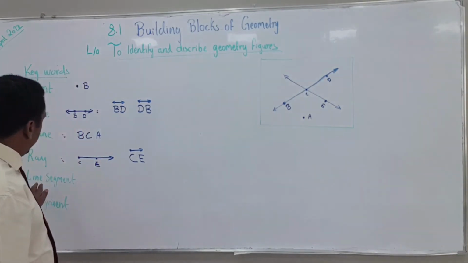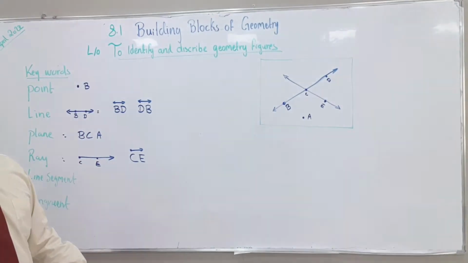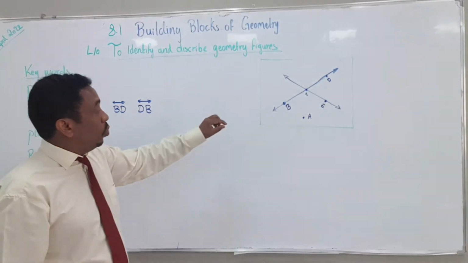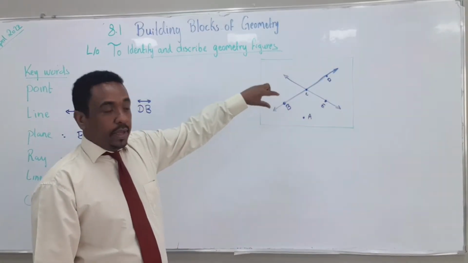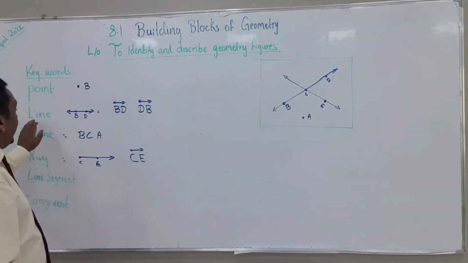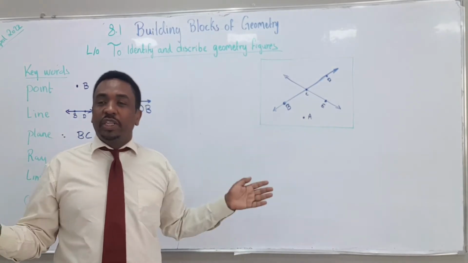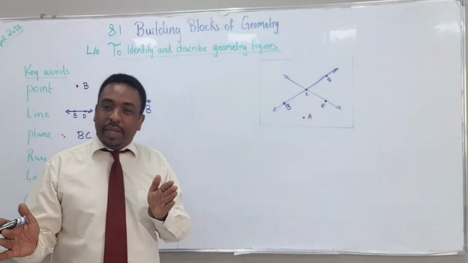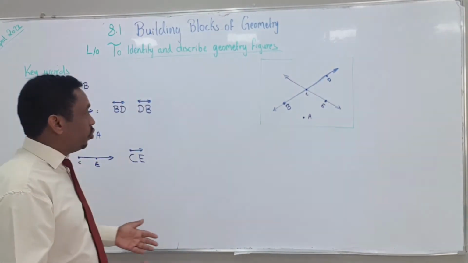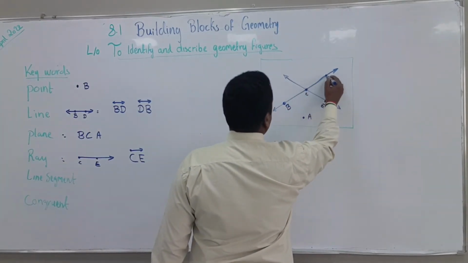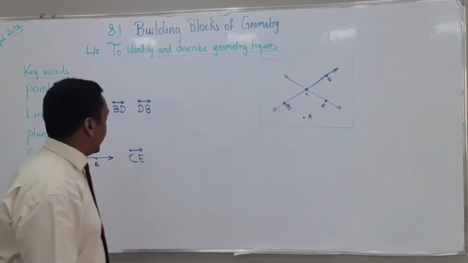Good. And line segment. What is a line segment? A line segment is when we have part of a line. So basically, it has no arrows on either side. It starts in one place and it ends in one place. So for example, between here and here is a line segment.